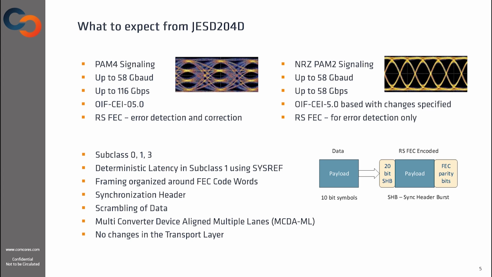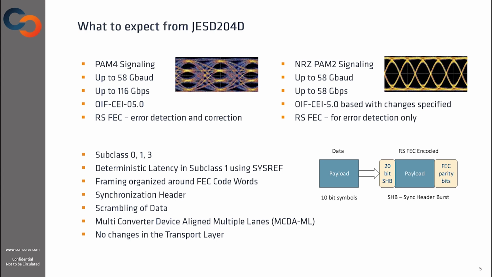We will have Subclass 0, Subclass 1, and Subclass 3. And Subclass 3 will now be defined for systems using multi-ref instead of sysref for multi-point links. We will still have deterministic latency in Subclass 1 with the use of sysref, and the framing will be organized around FEC code words.